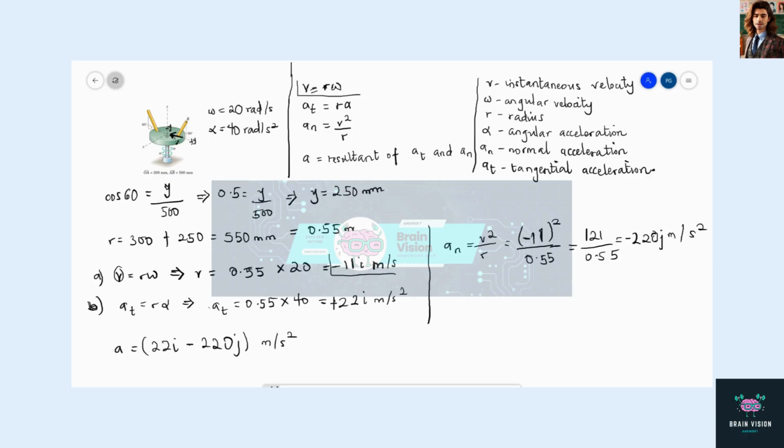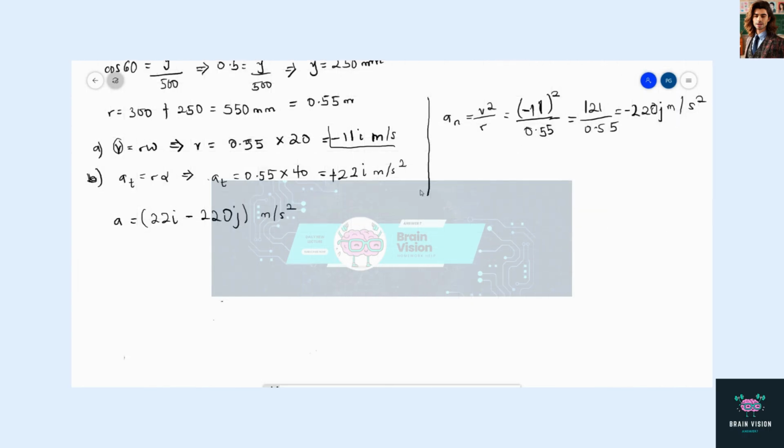And that is our answer. So A, velocity is minus 11i meters per second. And B, the acceleration is 22i minus 220j meters per second squared. There you have it.